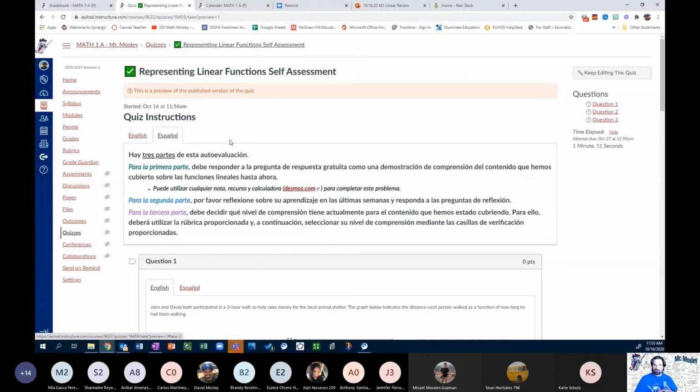If you're comfortable writing and responding in English, and you're comfortable that that will show what you understand, then write in English. If you feel more comfortable showing what you understand in Spanish, write in Spanish. I want to know what you understand about the math.